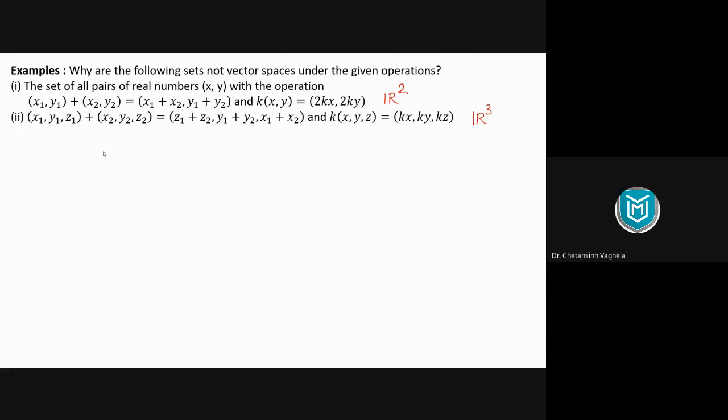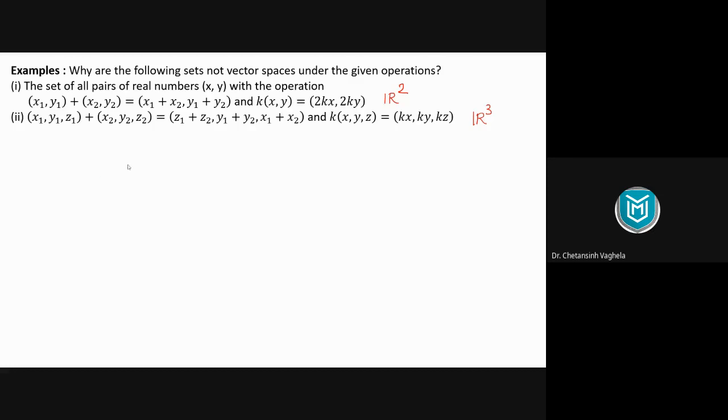That means there is no issue with addition here. So the first 5 conditions have to be clear. There is not going to be any issue in those, because the addition operation is standard here. The problem can be in scalar multiplication, that means from condition number 6 to condition number 10. The problem could be somewhere in those, right? So is there any condition which we can directly identify here from 6 to 10?